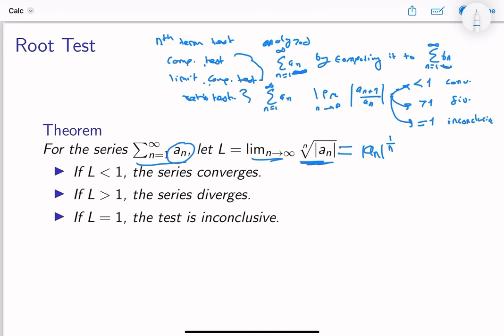Now, I remind you, when using the ratio test, there was something that suggested that one should apply the ratio test. So, for example, when we showed in the last video that this is a convergent series, we mentioned that n plus 1 factorial is actually n plus 1 times n factorial.